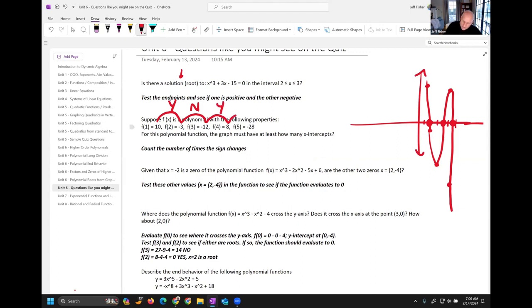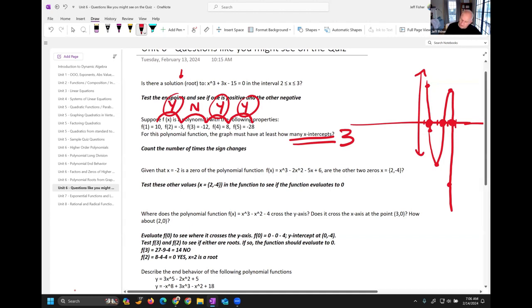Does it change from 8 to -28? Yes, it does. So it changes sign once, twice, 3 times. That means there must be at least 3 x-intercepts. And that shows you what we saw here, 1, 2, 3, right? So these are kind of easy to answer. We just have to look to see how many times it changes signs as we go from point to point.